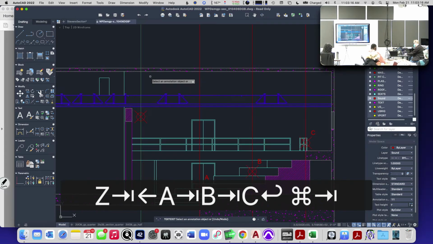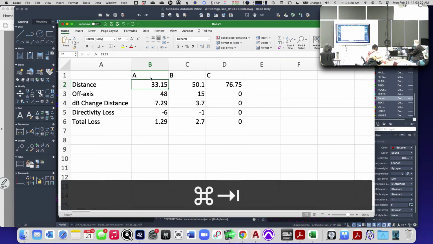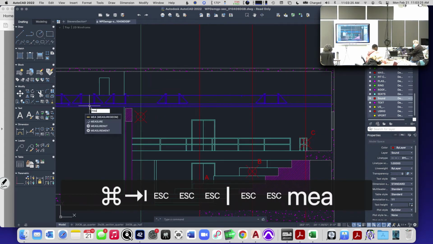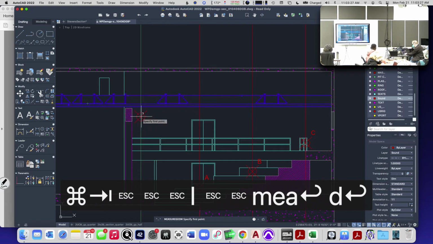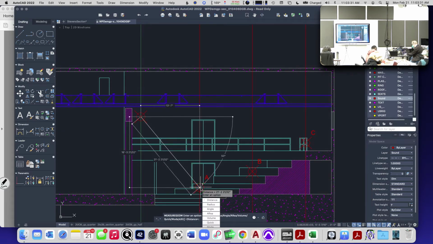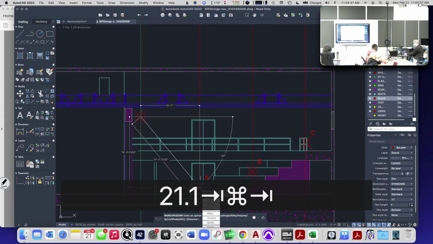All right, so let's figure out our distance. The distance from loudspeaker to seat A is 21 feet 2 inches, so 21.1, let's call that.